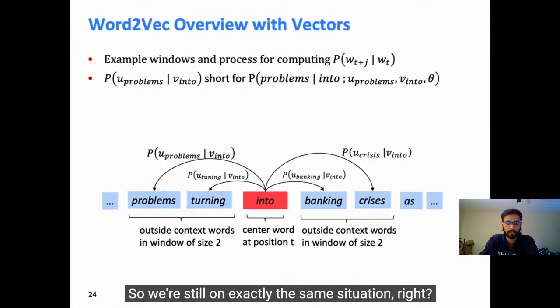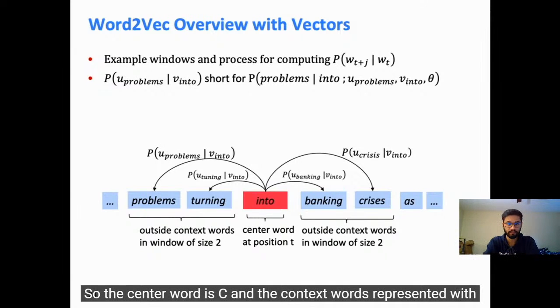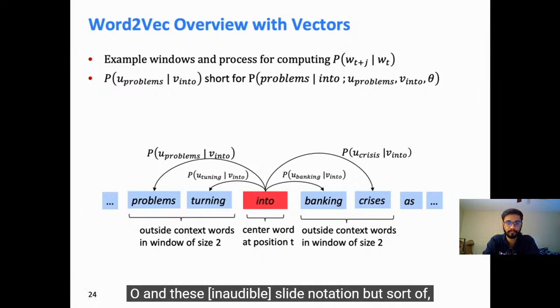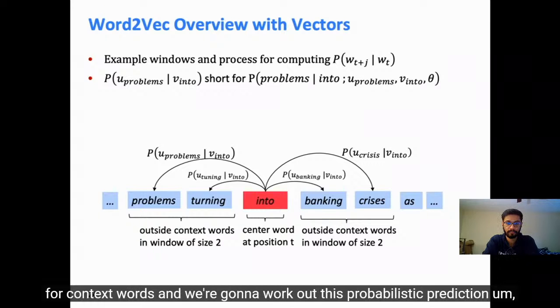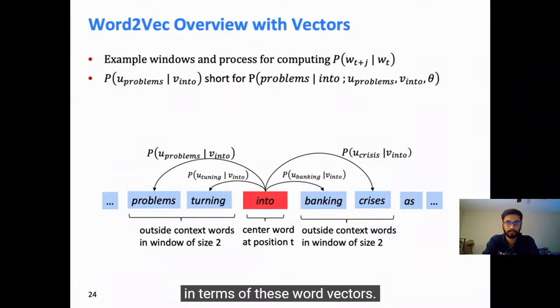So we're still on exactly the same situation, right? That we're wanting to work out probabilities of words occurring in the context of our center word. So the center word is C, and the context word is represented with O in some of this slide notation. But basically we're saying there's one kind of vector for center words, there's a different kind of vector for context words, and we're going to work out this probabilistic prediction in terms of these word vectors.